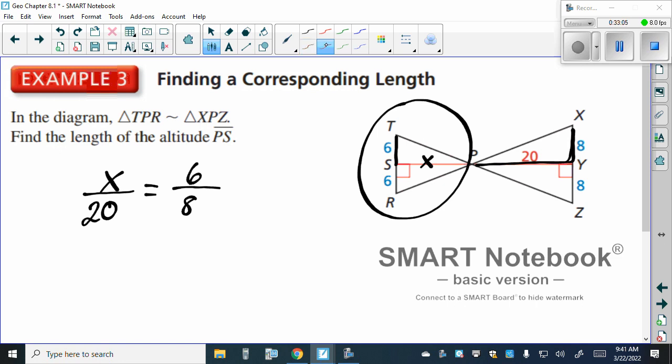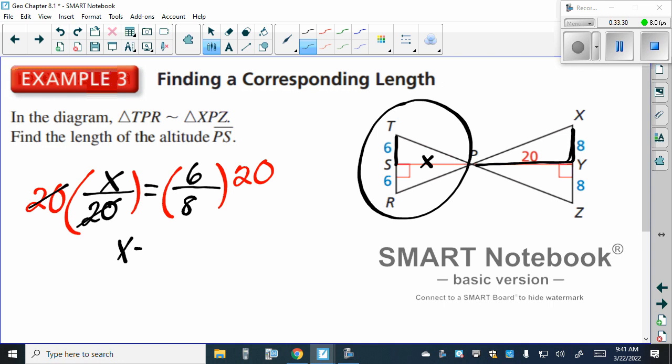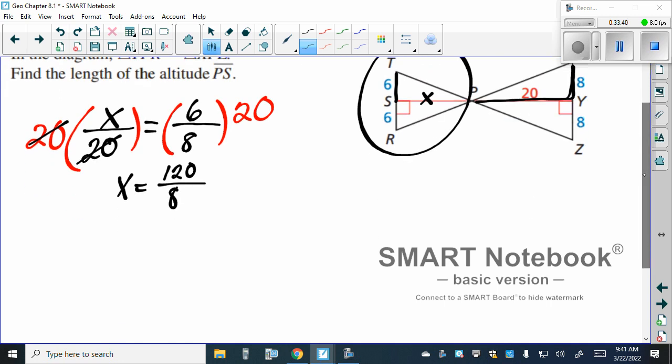Now what do we do next? We need to multiply both sides by 20, because right now x is being divided by 20, because we have x over 20, x divided by 20. To undo division, we have to use multiplication. As we've seen on the last two, these two here will simplify to 1, which will tell us x is equal to 6 times 20 is 120 divided by 8.